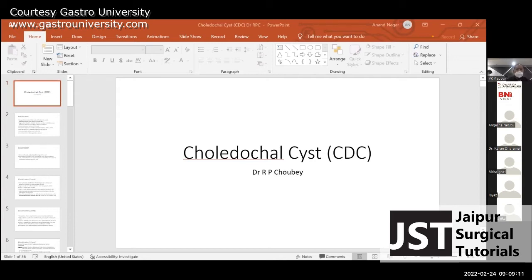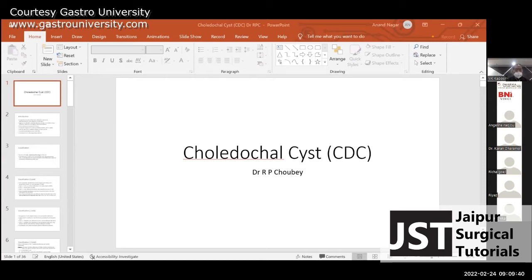The first systematic classification of bile duct cysts was proposed by Alonso-Lej and his colleagues in 1959, and he only classified the extrahepatic biliary cyst. Type 1 cyst is cystic or fusiform dilatation of the extrahepatic biliary ducts.